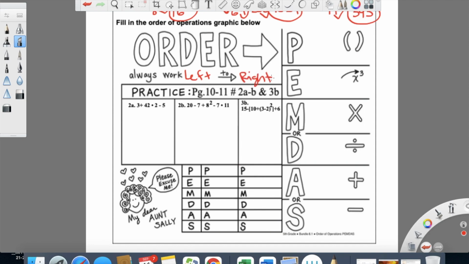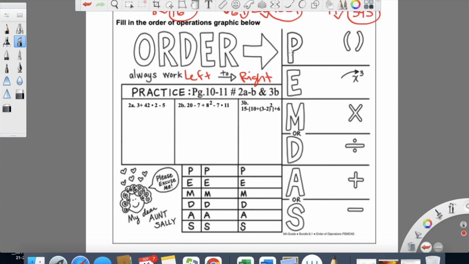And I've made that point already, but it's definitely important. You always want to work from left to right, just like you're reading. You don't want to try to skip around on that one because it can mess up the operation that you're doing, especially when there's negatives thrown in there. Or actually division will also get a little messed up if you're not working in the correct order.